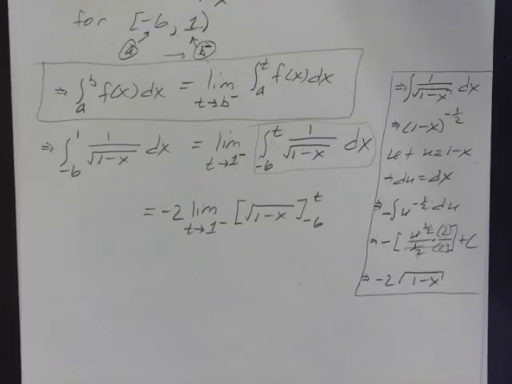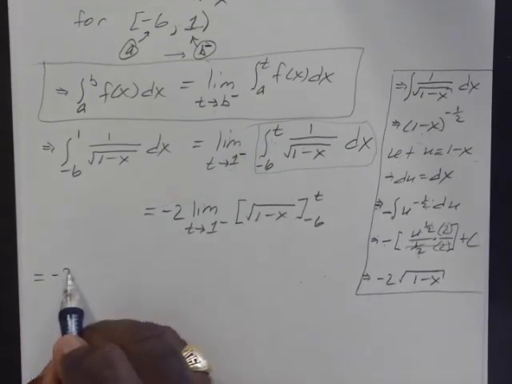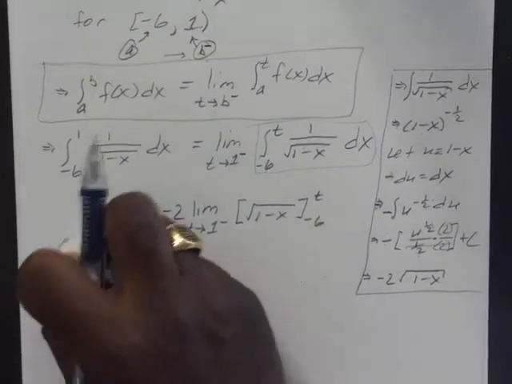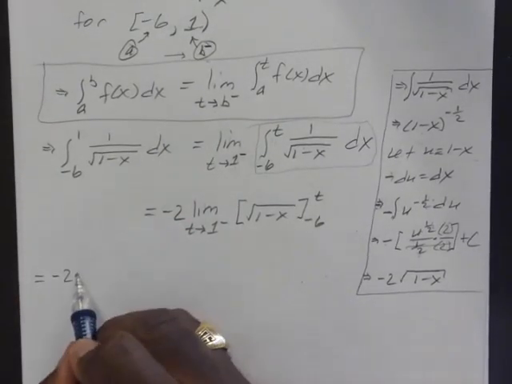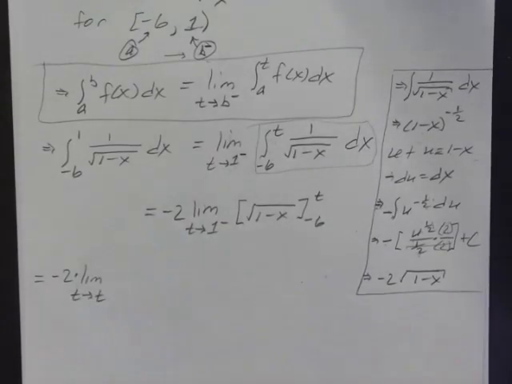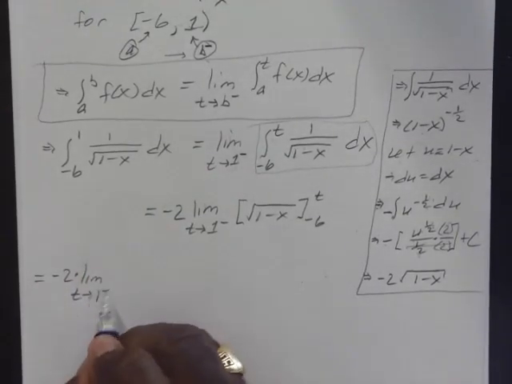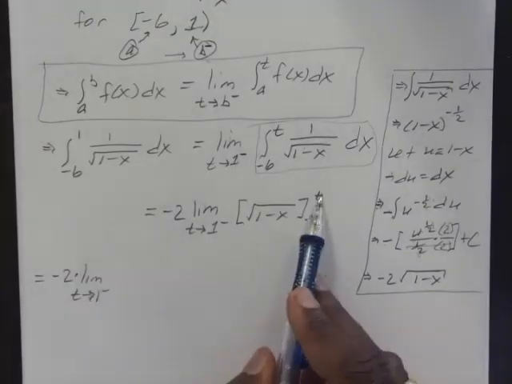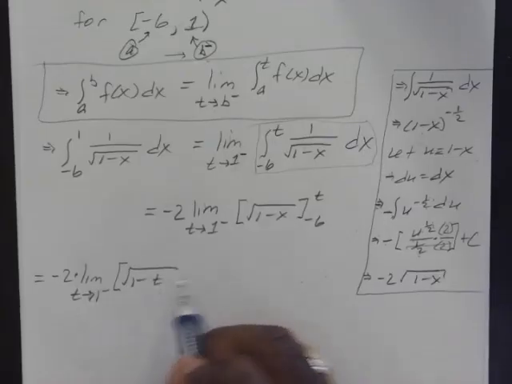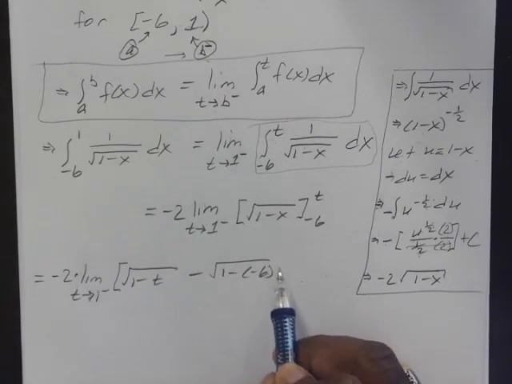So now we can go ahead and apply the fundamental theorem. We have that -2 times the limit as t approaches 1 from the left. If we plug in our t, that's the square root of 1 minus t minus the square root of 1 minus -6.